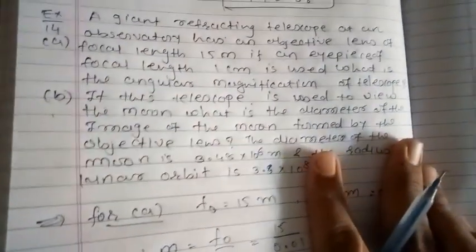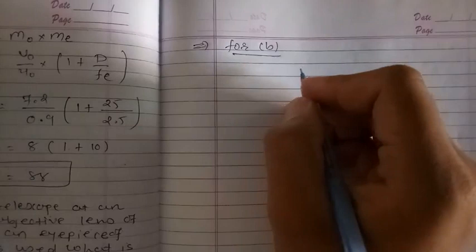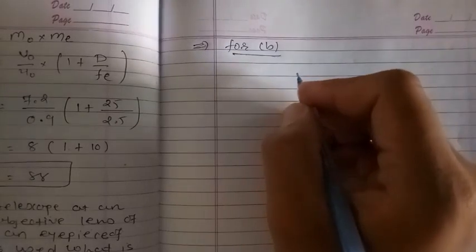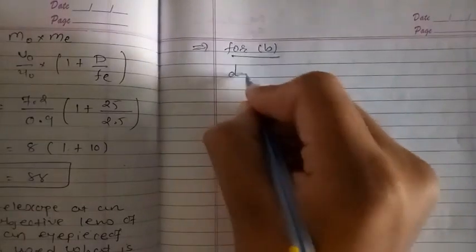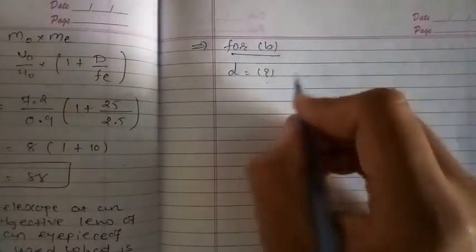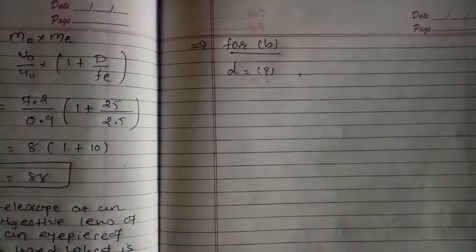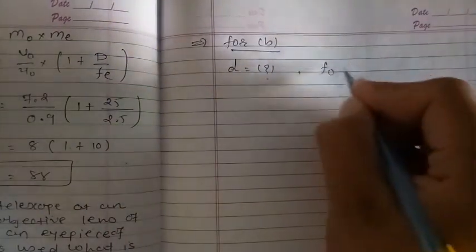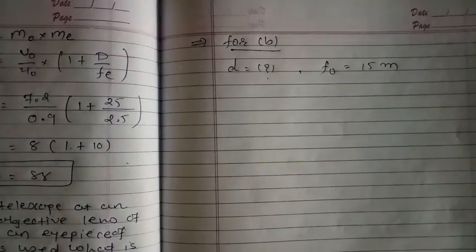So for our case 2, for B, here we have to find the diameter, but this is due to the objective, right? So we have to consider the focal length of the objective FO, which is 15 meter, right?